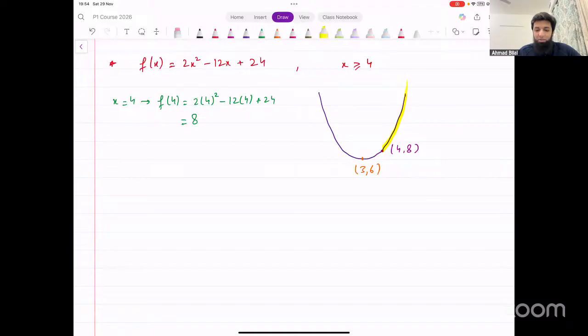There's no highest point, that's infinity, but the lowest point that you can see on the graph, as far as the y values are concerned, is 8. So the y values can be either equal to 8 or greater than 8. So you would say the range of this function, therefore, is y greater than or equal to 8. And that's your final answer. That's the range of this function.